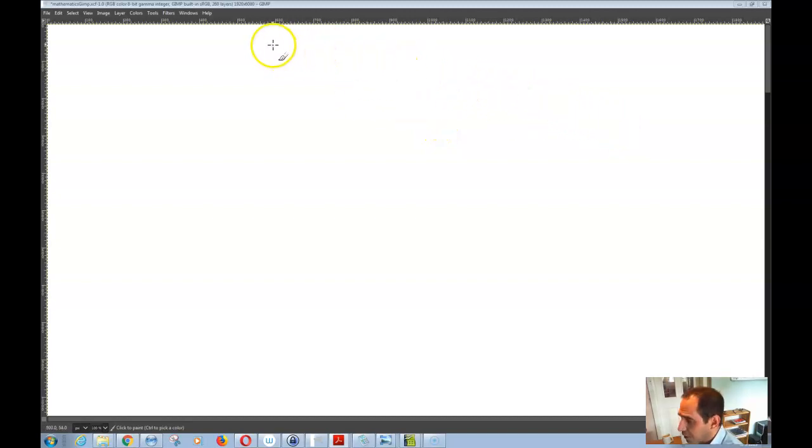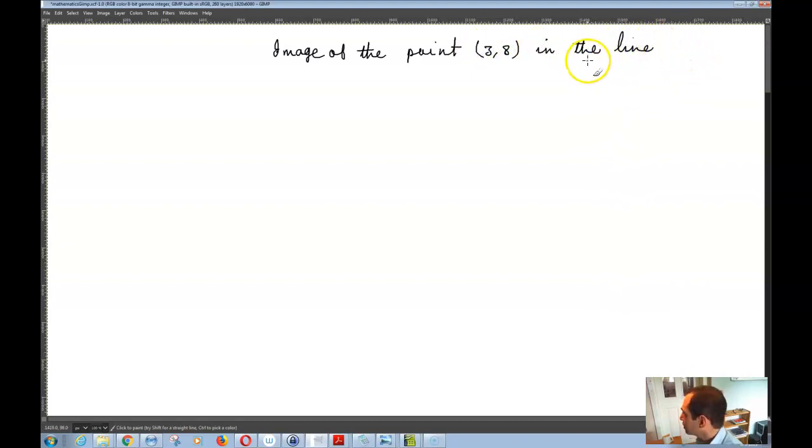So you want to find the image of the point (3, 8) in the line x plus 3y is equal to 7, assuming the line to be a plane mirror.